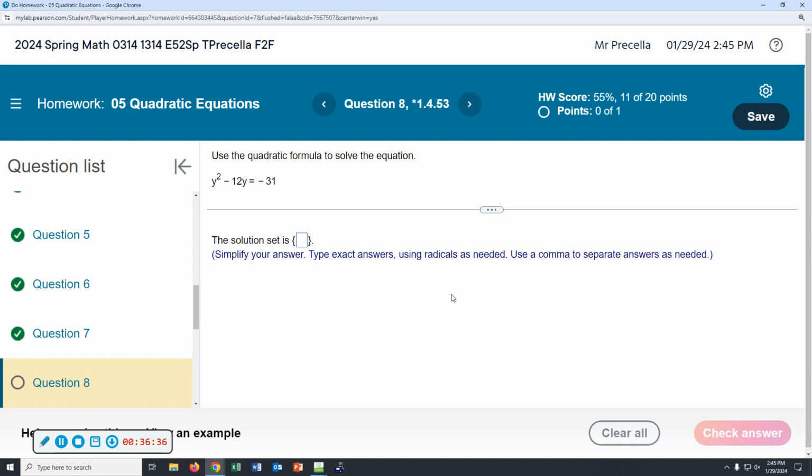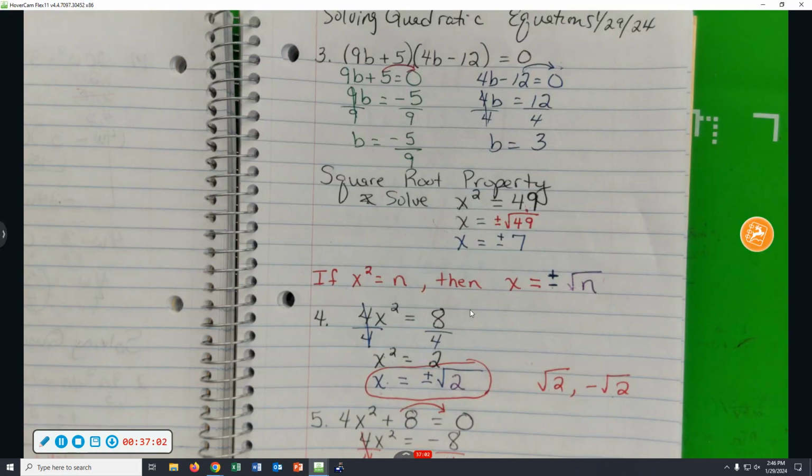And right now, we're going to move on to the third method. Problems 8 through 15, and we're going to be using something called the quadratic formula. You see these other 2 methods, well, they may not always work, okay? The square root method, you should only be using that if it's just x squared or parentheses squared equals a number.